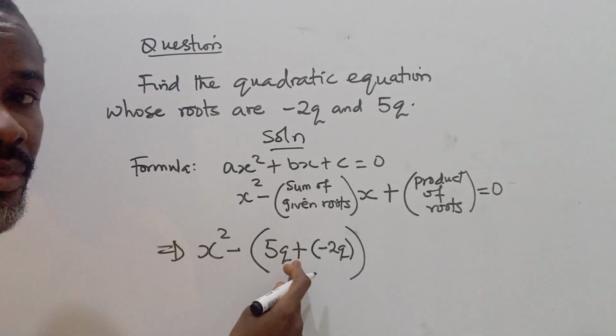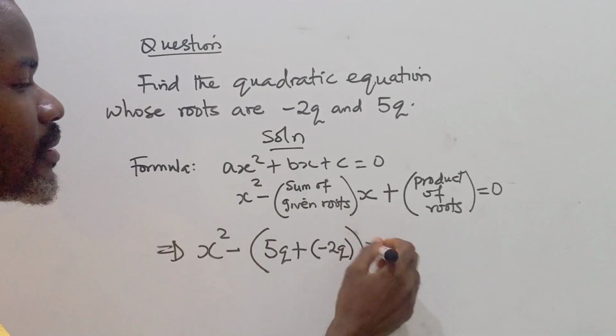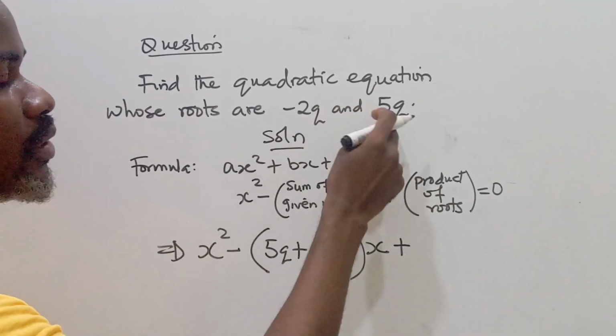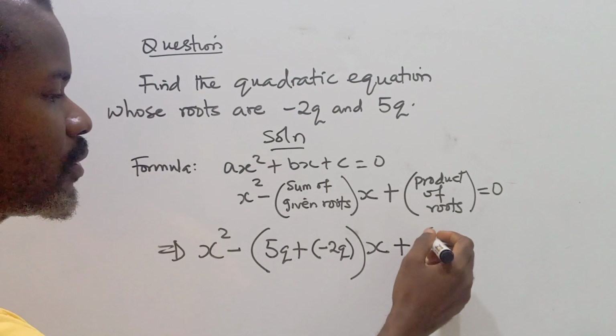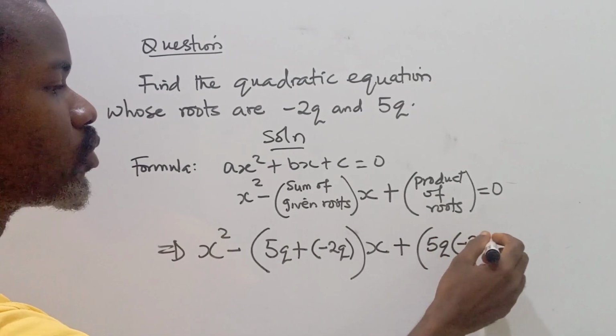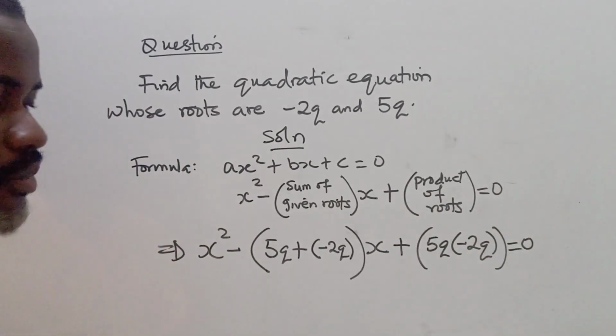Sum means plus. So I have my x, plus the product. The product means we multiply these two: 5q multiplied by minus 2q, equals 0.